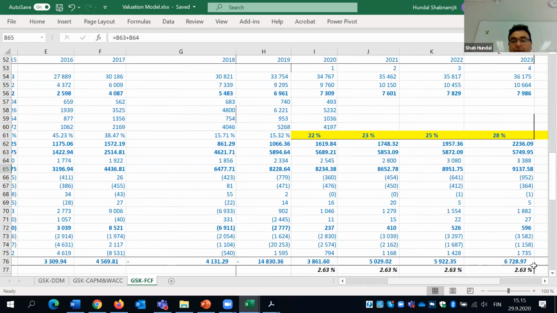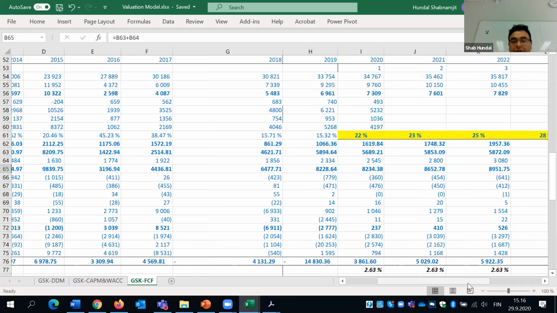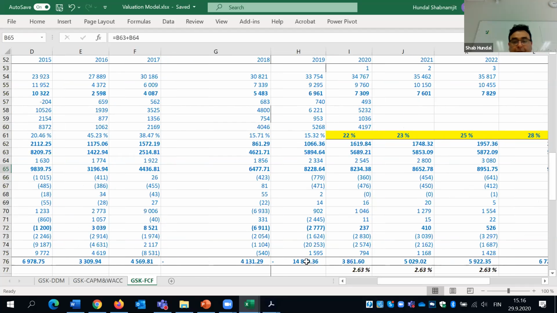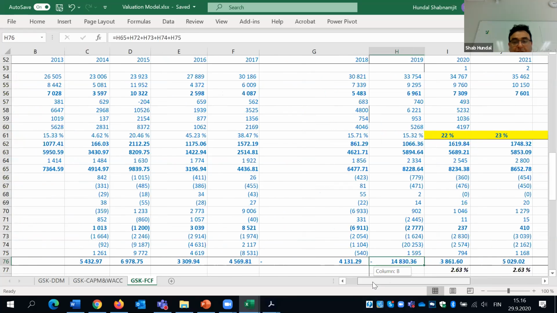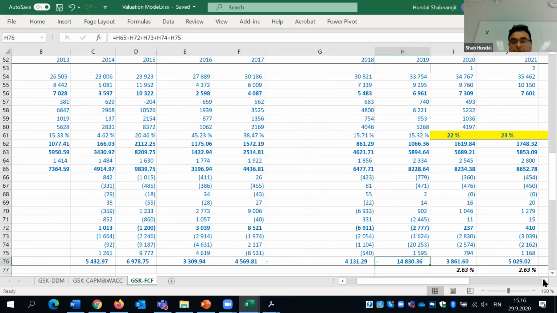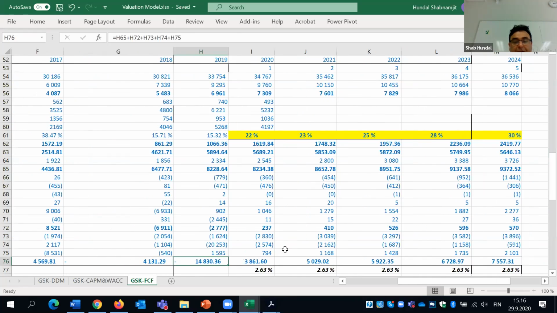And based on that, you can see here that we are able to calculate this final figure, which is called unlevered cash flow. And you can see that for all the years, we are able to calculate unlevered cash flow.